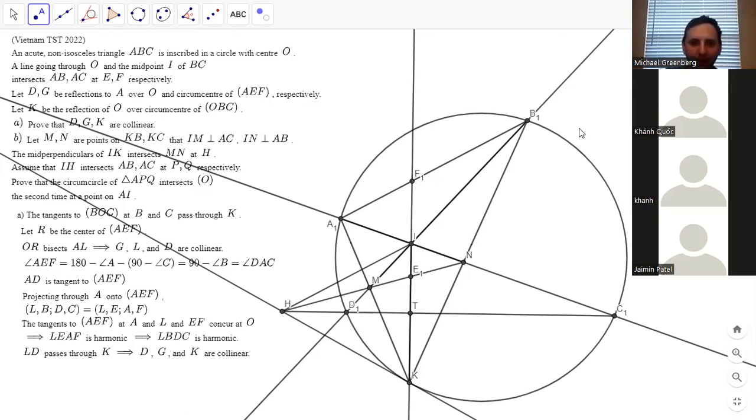So basically we just need to show angle A1F1K is angle HIK, but HIK is the same as HKI. And KI we know is an angle bisector here. So HKI is HKG1. That's going to be half of arc A1B1.